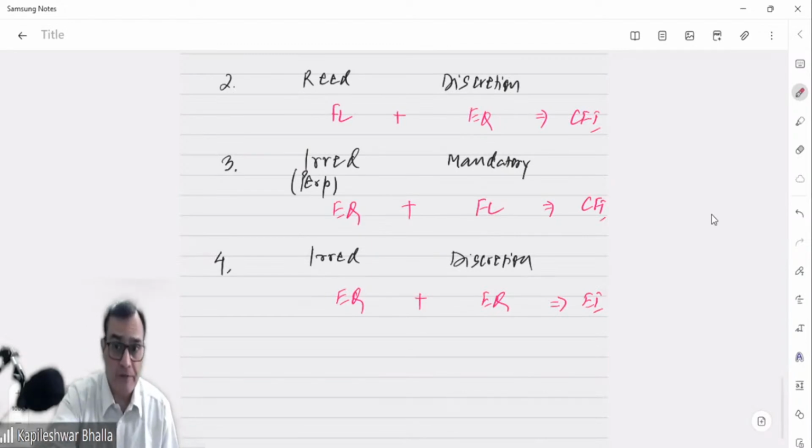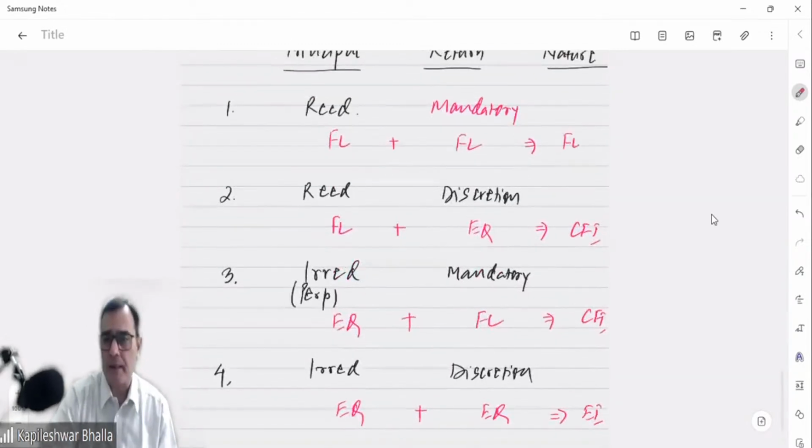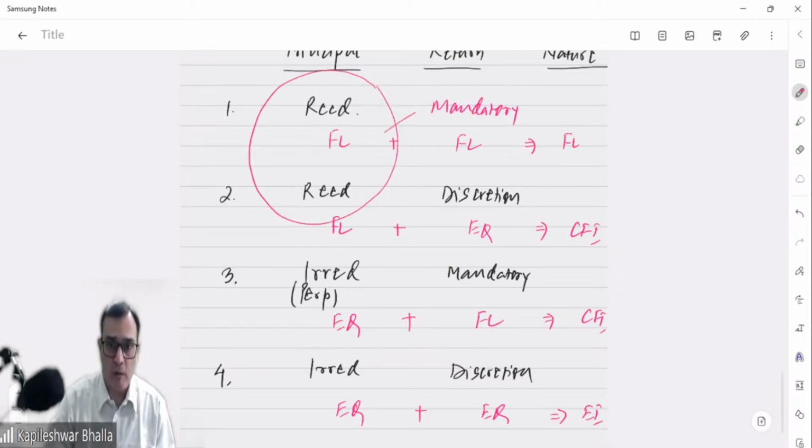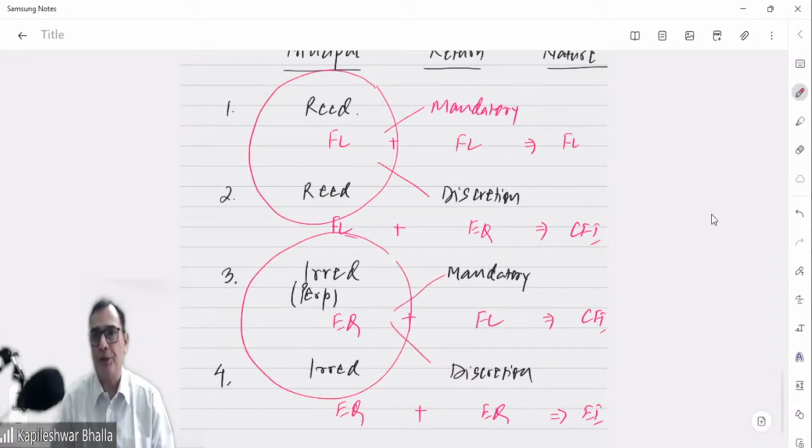So you can see that I've taken all the four permutation combinations, and trust me, if the mode of payment is going to be cash, I don't see any other permutation combination coming into play because I've taken redeemable on one hand, followed with a combination of mandatory and discretionary. I've taken irredeemable on the other hand, followed by mandatory and discretionary. A comprehensive permutation combination for chart number 1 when the mode of payment is cash. I hope you've got the complete picture on this.